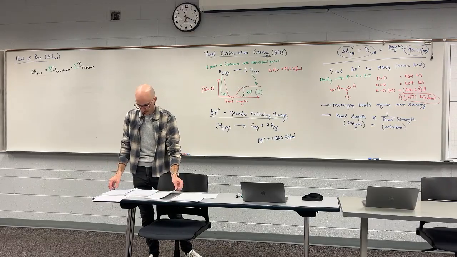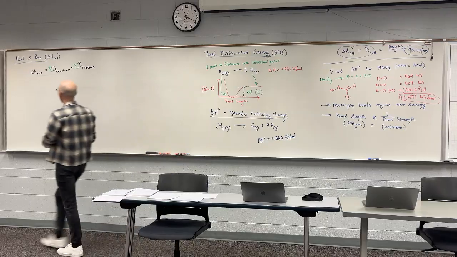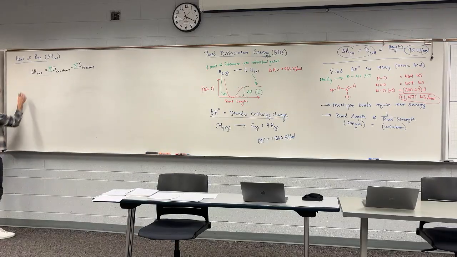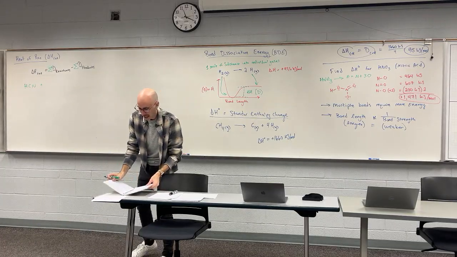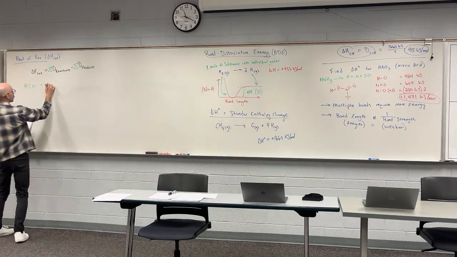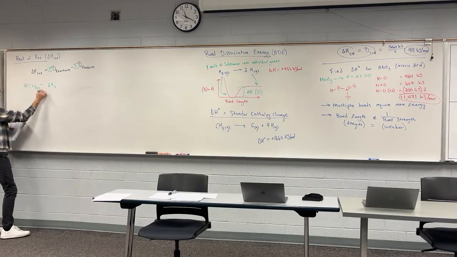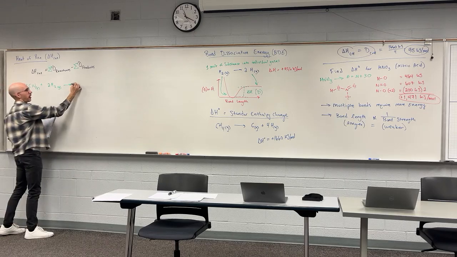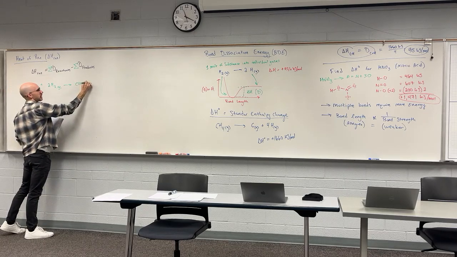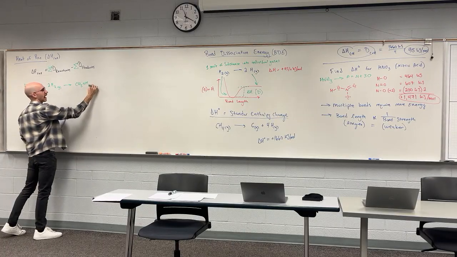So let's take an example. Let's look at the reaction where hydrogen cyanide, HCN, reacts with hydrogen gas, 2H2, and these are actually all in the gaseous phase, to form one product, methylamine, CH3NH2 gas.